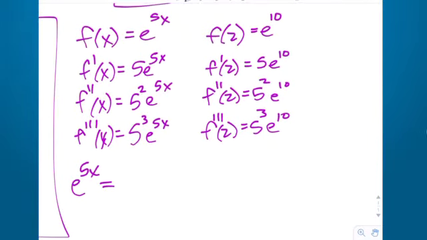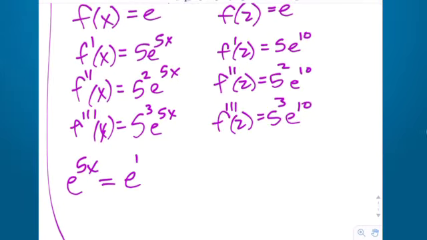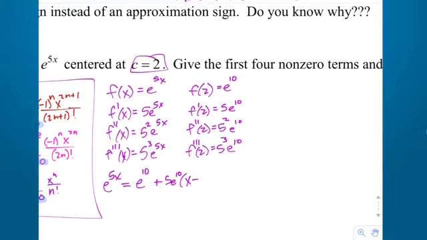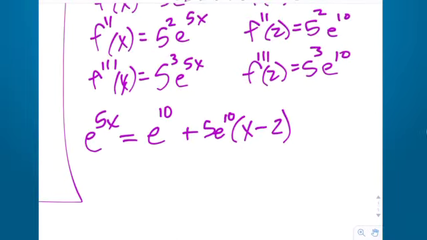So it's the y value, e to the 10th, and then plus the slope, which is f prime of 2, so plus 5 e to the 10th, times x minus the center. What's our center? 2. Right. So that would be the first degree Taylor polynomial approximation. That would be the tangent line.